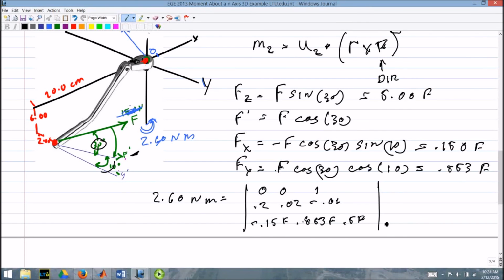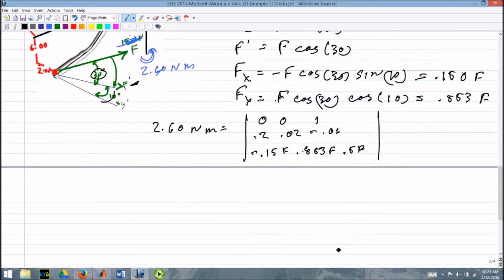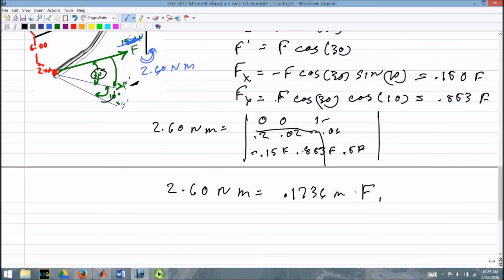And I can evaluate that determinant, these terms are 0, so it's just this term times the determinant of this here. And if I run through the math, I just get 2.60 Newton meters equals 0.1736. This would be meters times F, which is in newtons.